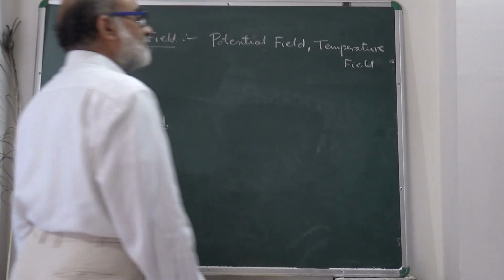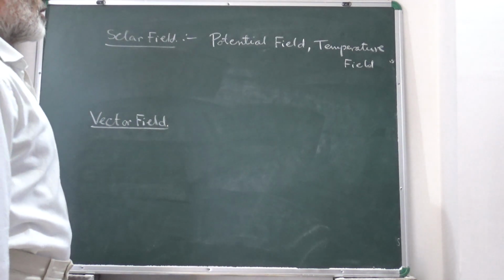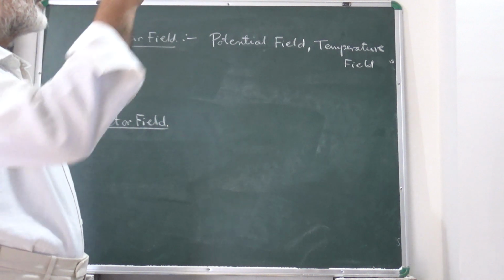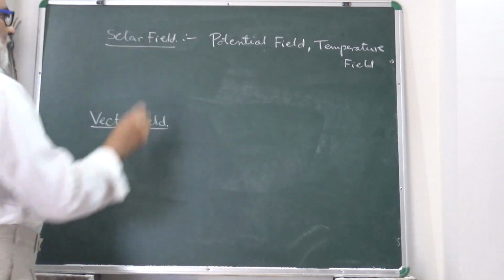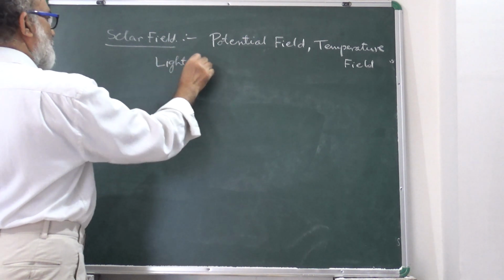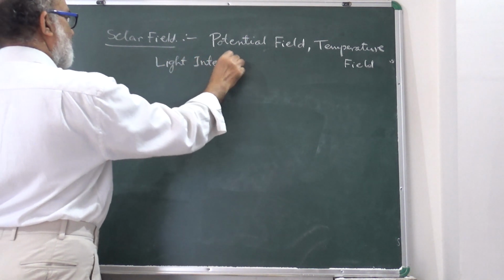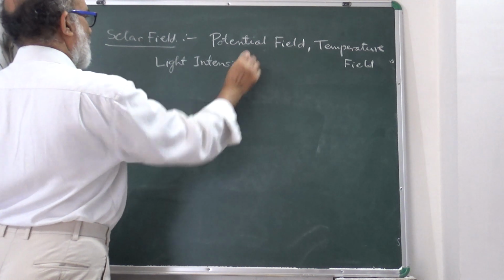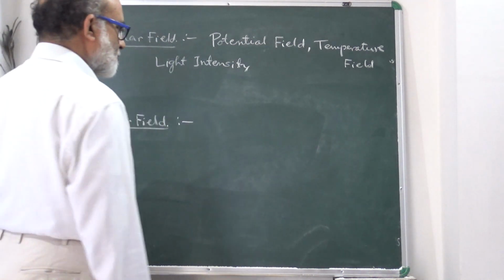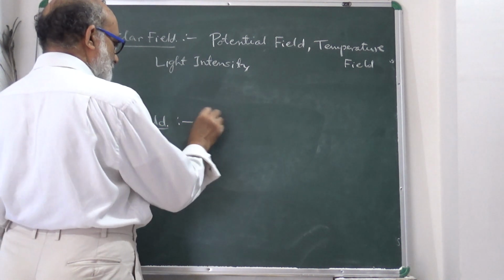Now we can have a field of light intensity, because this bulb has created intensity in this room. So we have a light intensity field. All these are examples of scalar field. Vector field, we have electrostatic field.